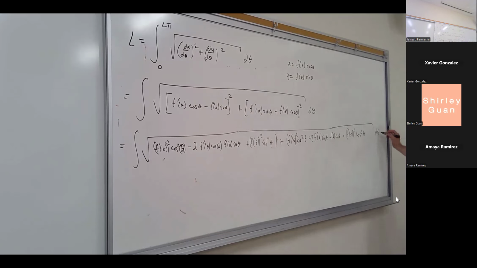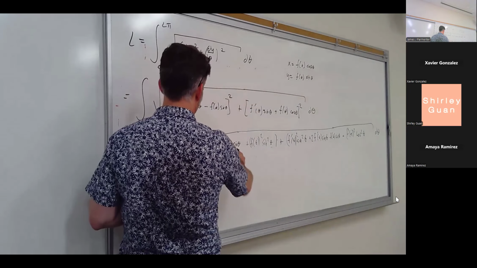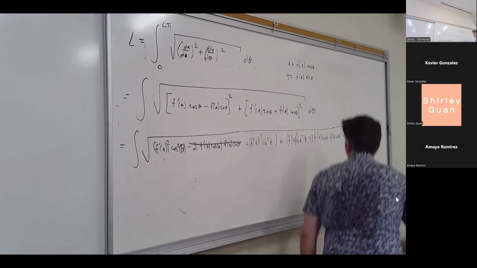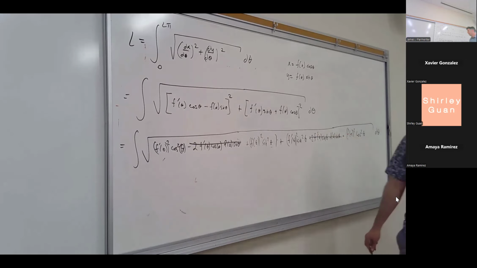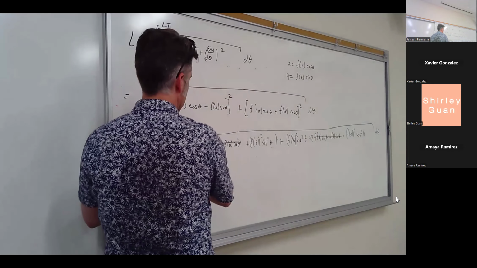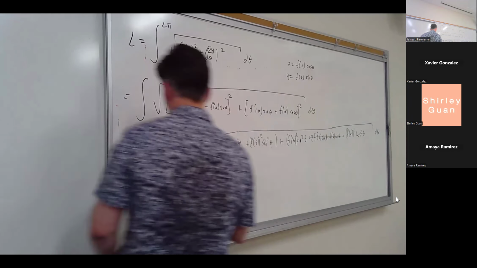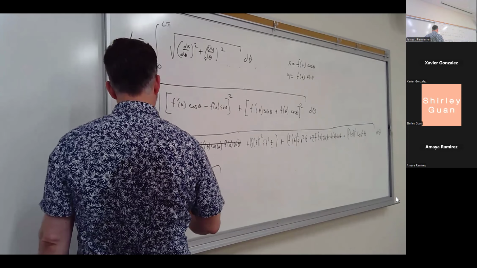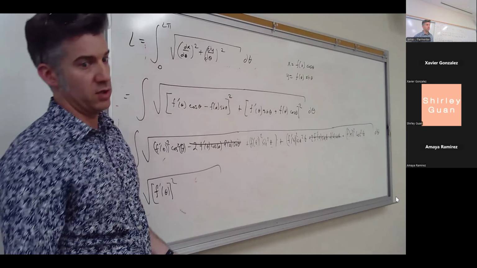Okay, here's what we want to see. The minus 2 f prime cosine f sine cancels with the positive 2 f prime sine f cosine. Great. And the f prime squared cosine squared plus f prime squared sine squared is going to be f prime of theta squared times cosine squared plus sine squared, which is 1.